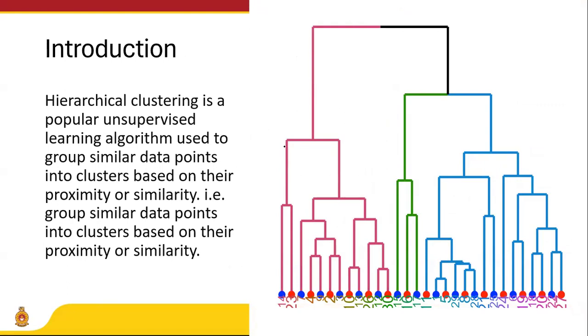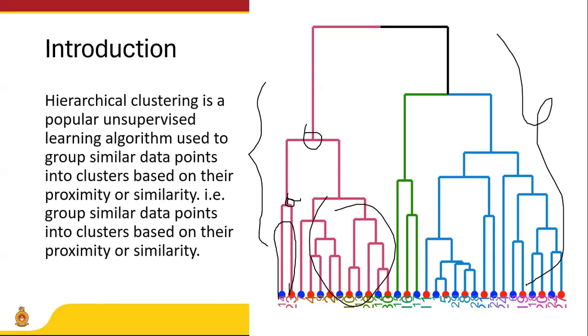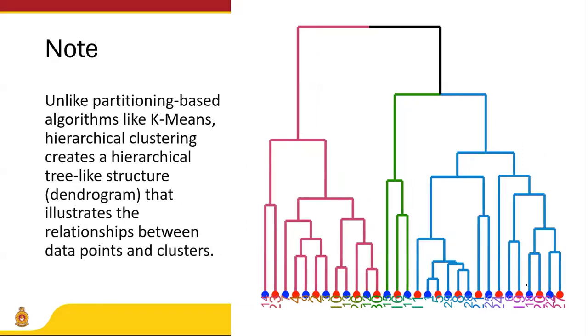It goes from here, combining these two, we find this one. By combining all of these, we find this one. It's a hierarchical cluster. It divides the data into different levels using a hierarchical method.